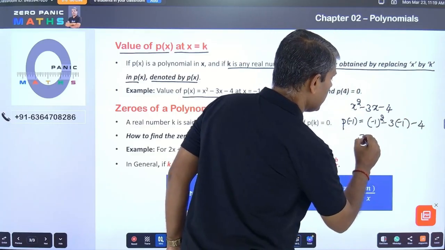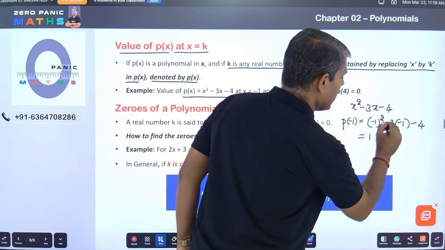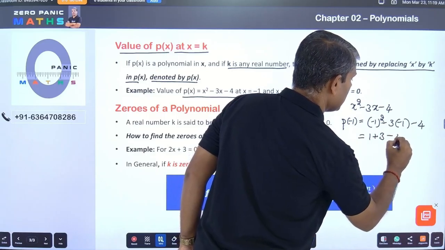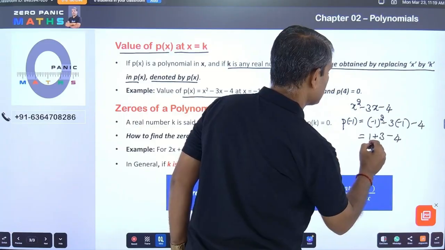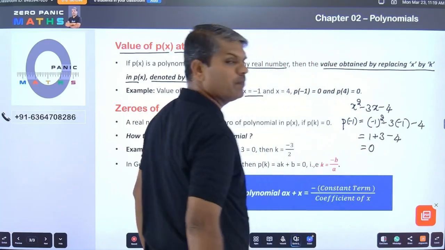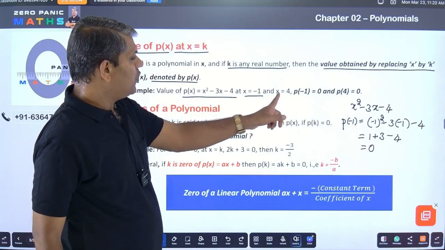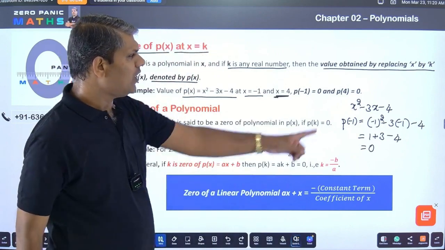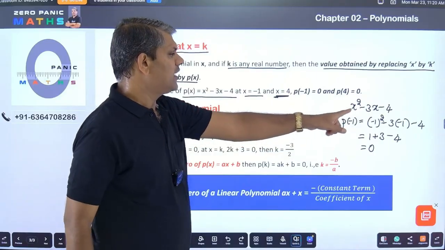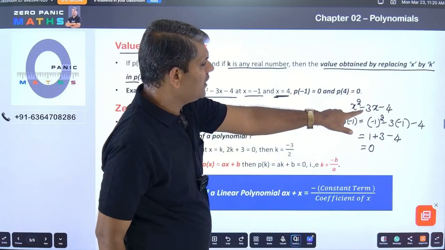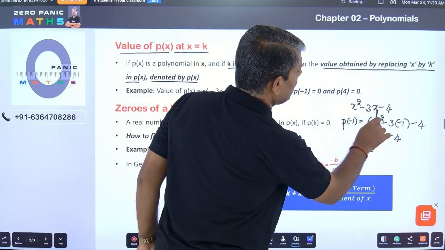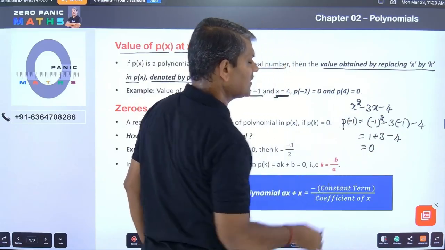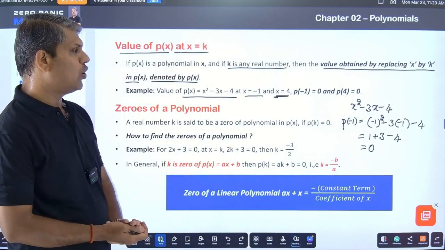What is minus 1 square? It is 1. Minus 3 into minus 1 is plus 3, and minus 4. It is 1 plus 3, 4, minus 4 is 0. Similarly, if you put x is equal to 4, that also gives 0 in this equation. 4 square is 16, and 3 into 4 is 12. Minus 12 minus 4 is minus 16. 16 minus 16 gives you 0 only.